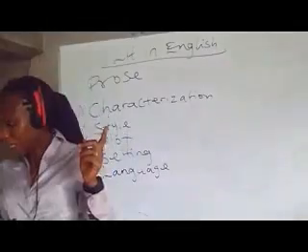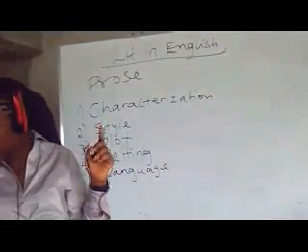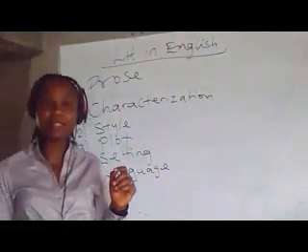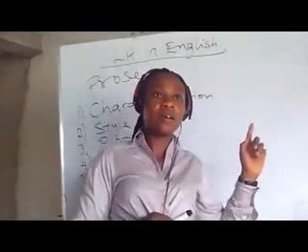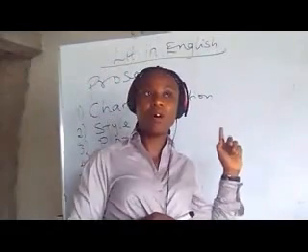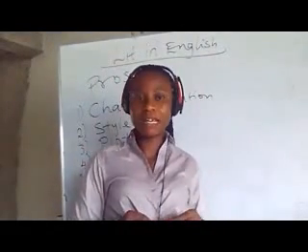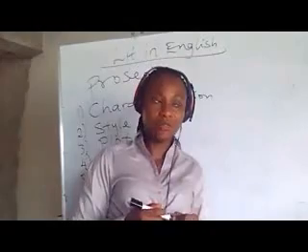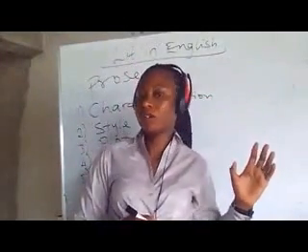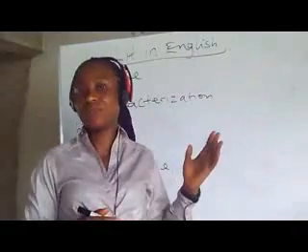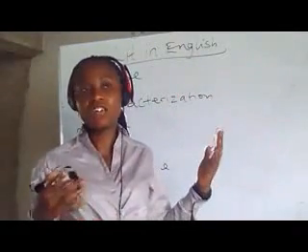So the next one is the style. The style here refers to the choice of words which the author adopts in writing his novel. There are some stories that are written in simple language, meaning that simple English and simple grammar are being used.